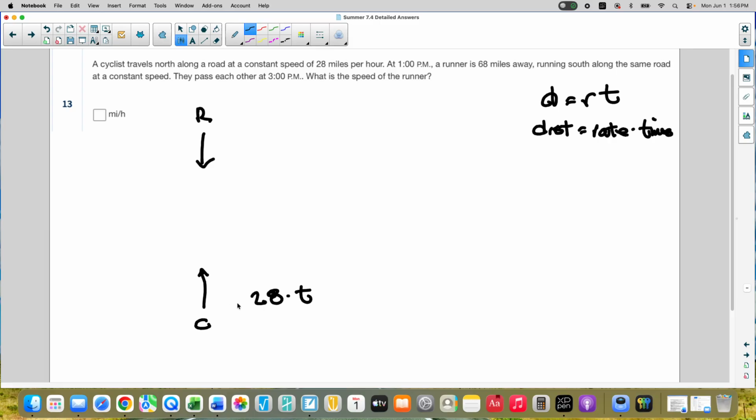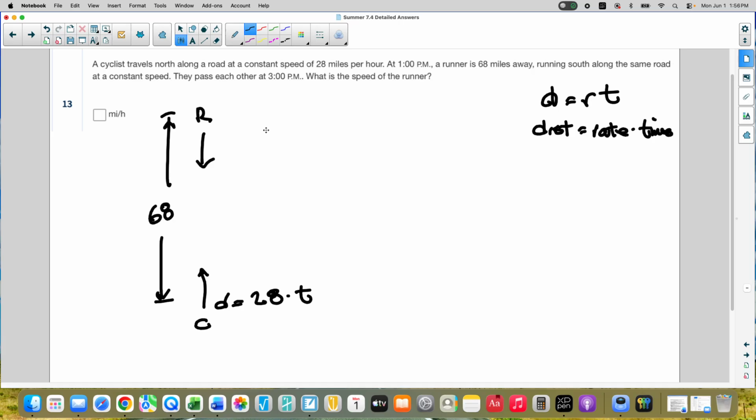That's going to be his distance, the distance for the cyclist. At 1 p.m., the runner is 68 miles away, so this distance to the cyclist is going to be 68 miles away from the cyclist at 1, running south along the same road at a constant speed.